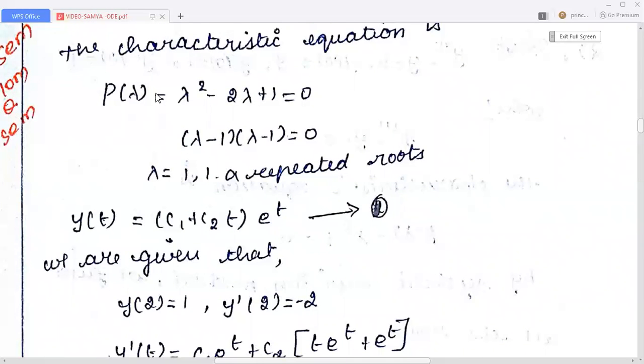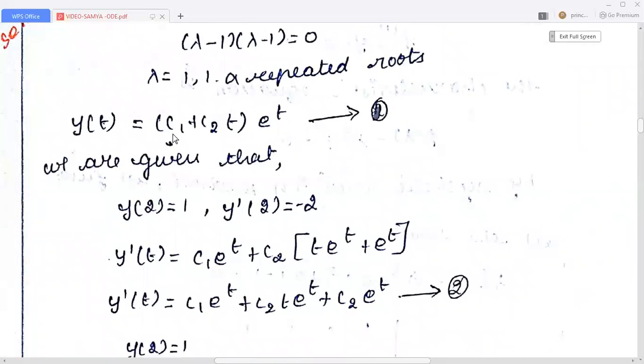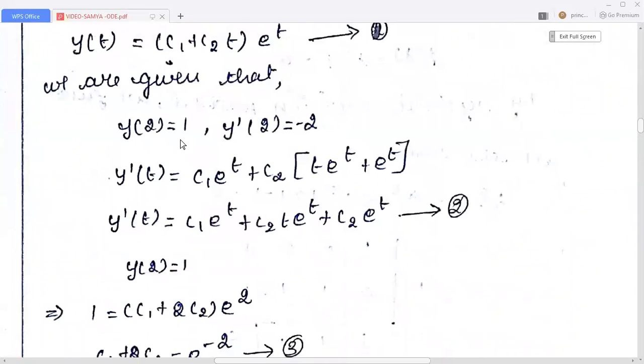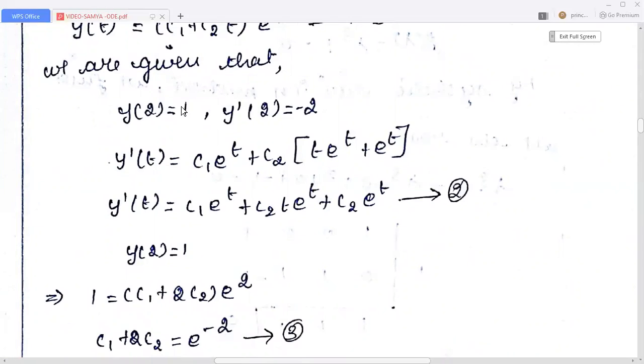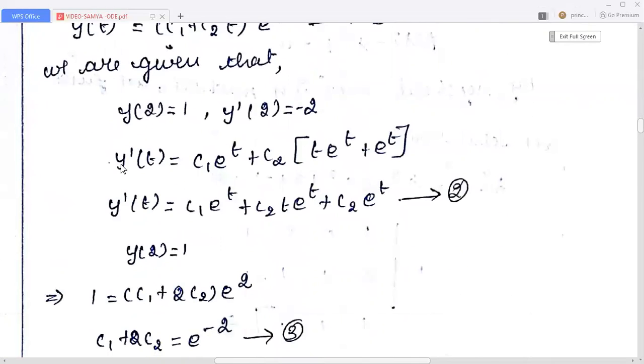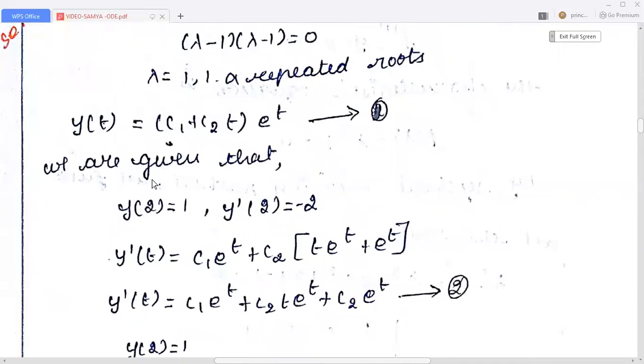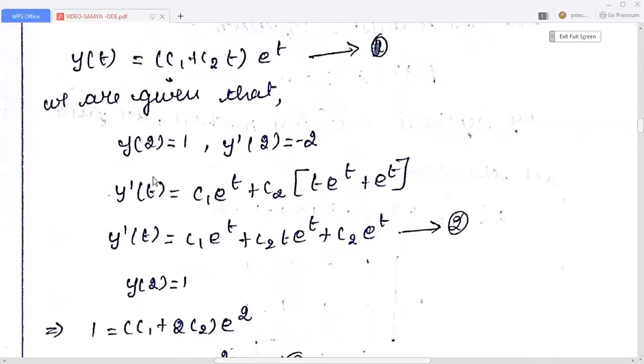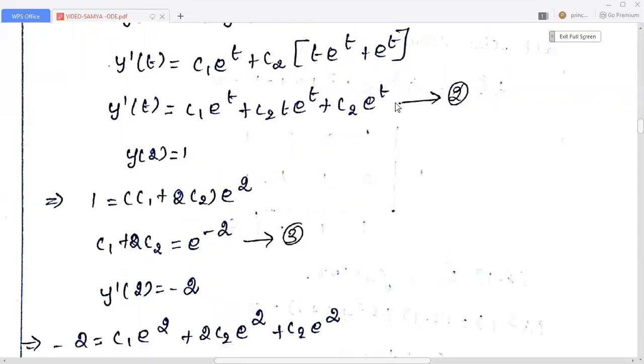Therefore, the solution is y(t) = (c₁ + c₂t)e^t. This is equation number 1. The initial values are given in the problem itself: y(2) = 1 and y'(2) = -2. From y(t) we calculate y'(t), which is equation number 2.